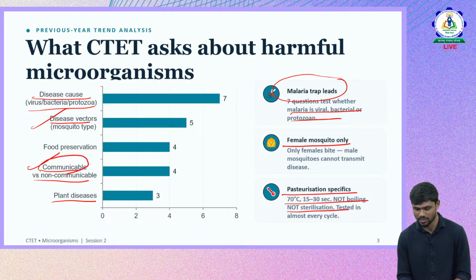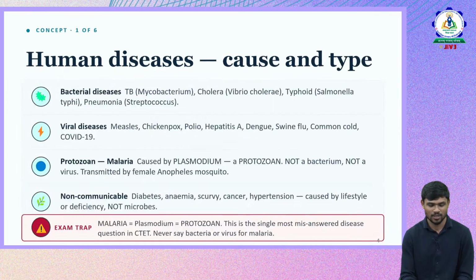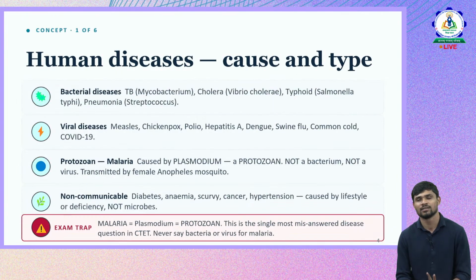And regarding pasteurization, there are a few questions with respect to how food can be stopped from spoiling. So let us move forward. As I said, in this session the concepts are factual in nature from the perspective of CTET, so factual and memory level questions will be asked.